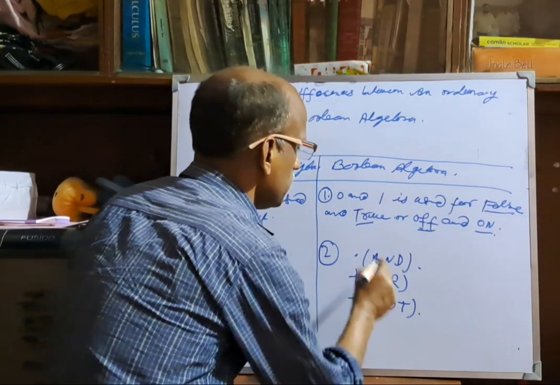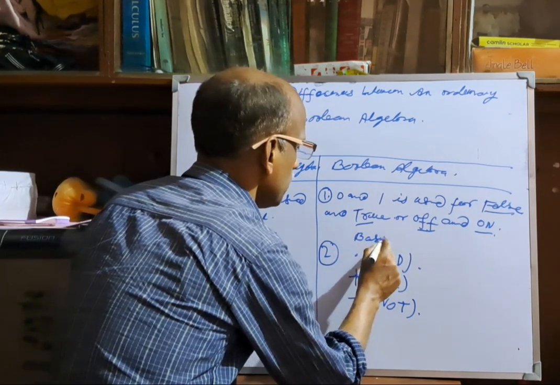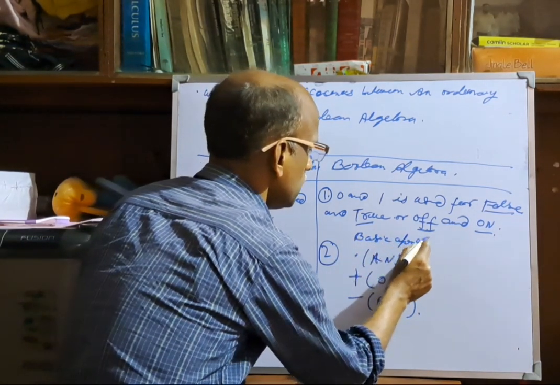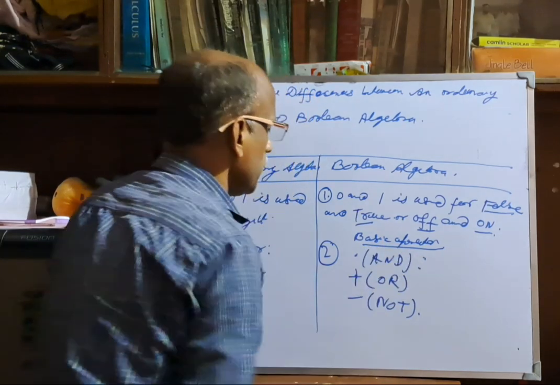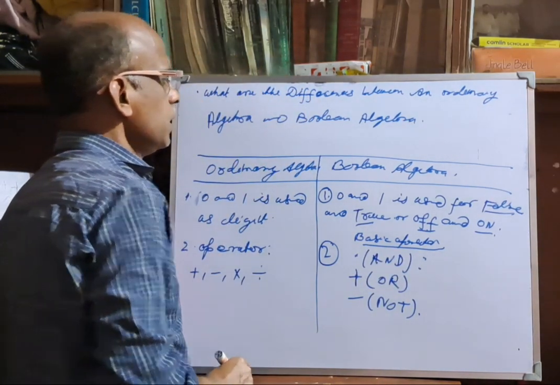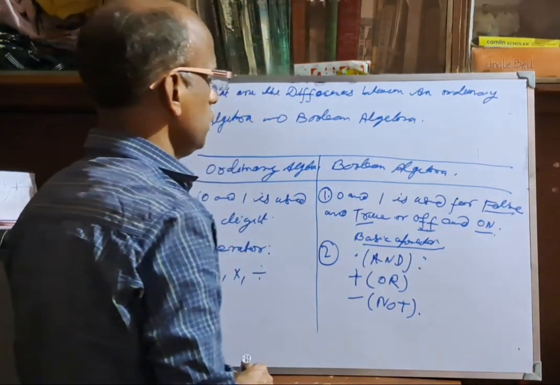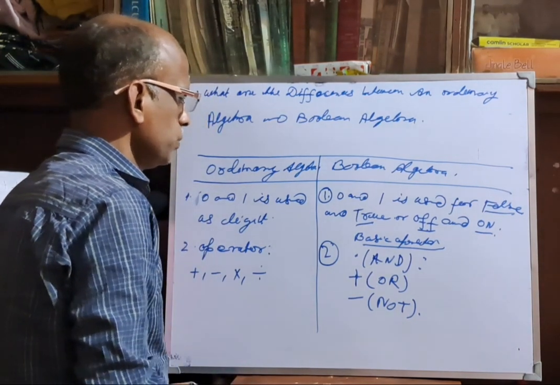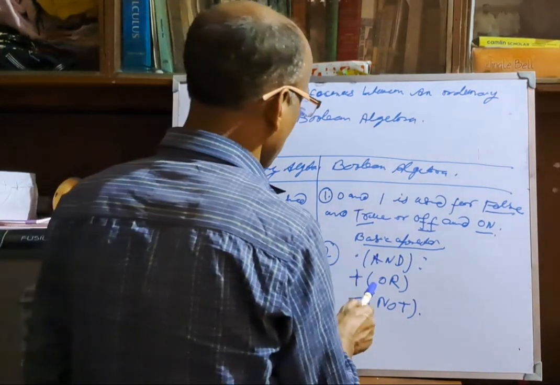These are the basic operators used in expressing Boolean algebra.